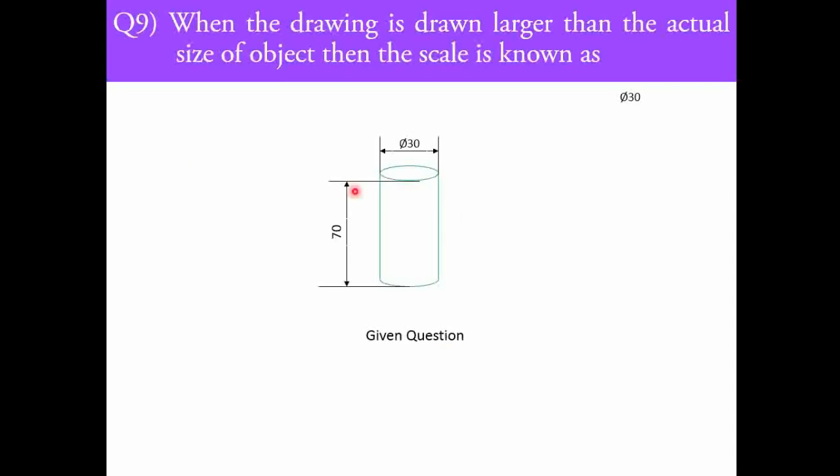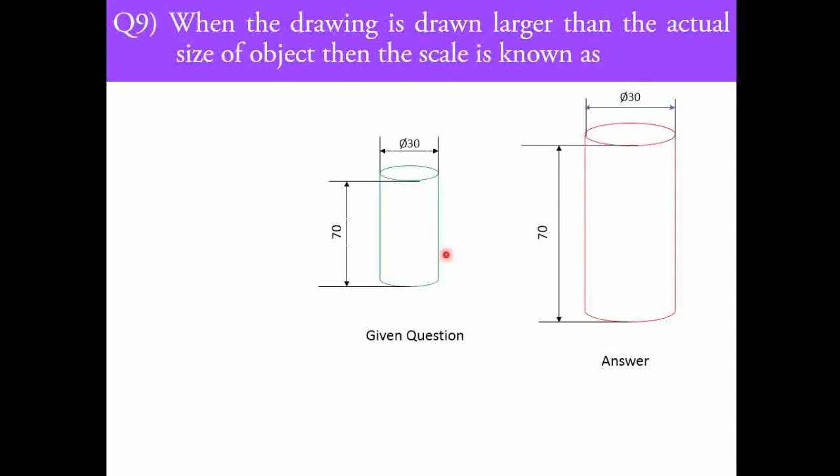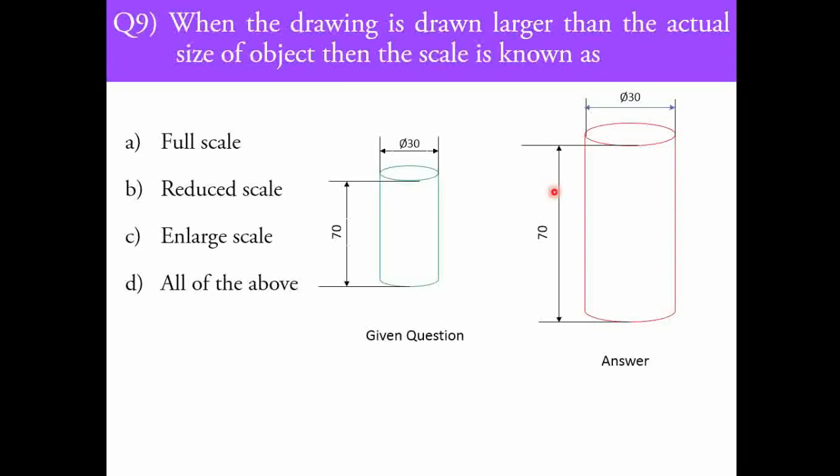Suppose the given question is to draw a cylindrical object which has a 70 mm axis length and 30 mm diameter, and we are drawing the diagram somewhat bigger in size, but the dimensions are represented in the same way, 70 and 30. But to represent that, we are using a larger size, and in terms of scale that is called an enlarged scale.